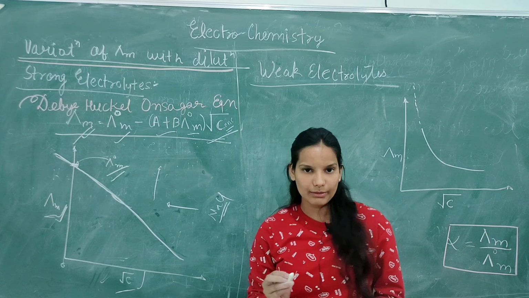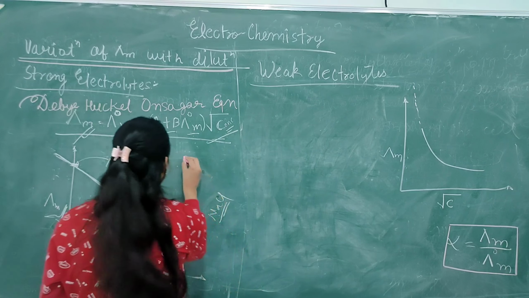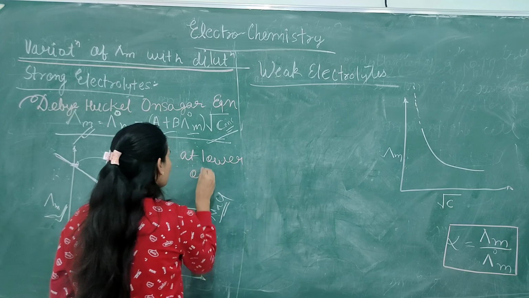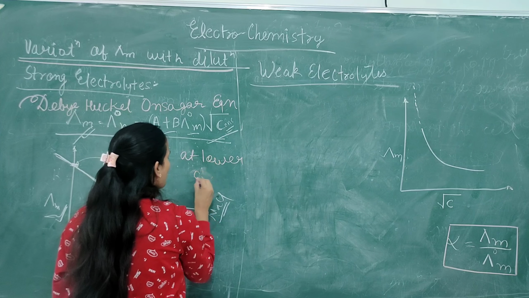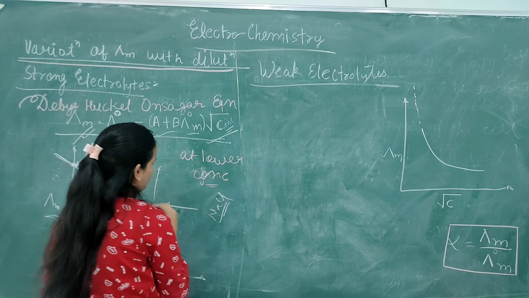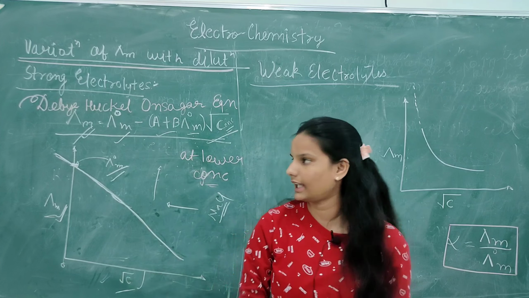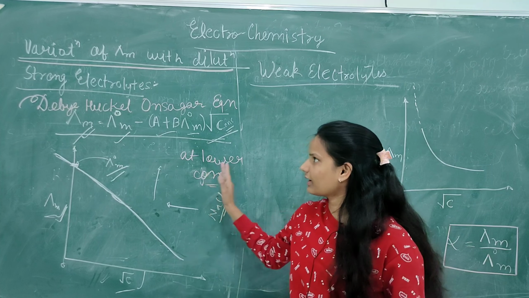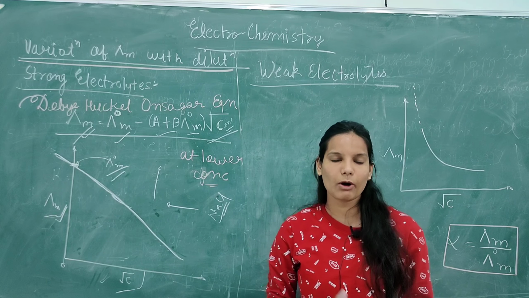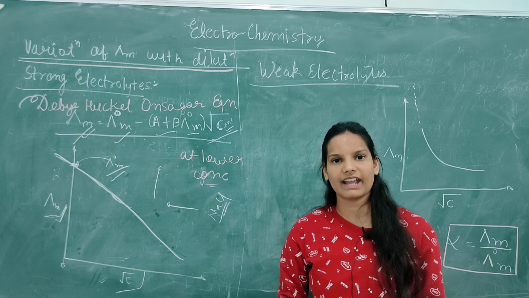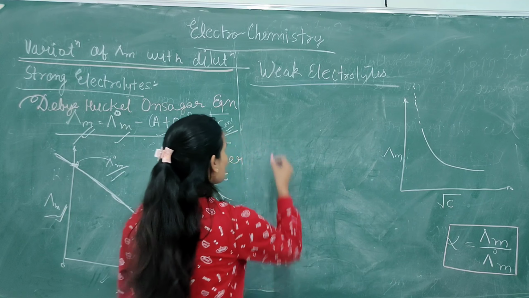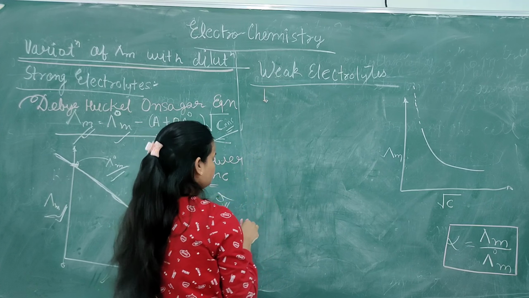One more limitation: it is valid at lower concentration of the electrolyte. So this was just a basic thing. Now you will ask, we are ready with strong electrolytes, but what about weak electrolytes like acetic acid and ammonium hydroxide? So I will discuss weak electrolytes.